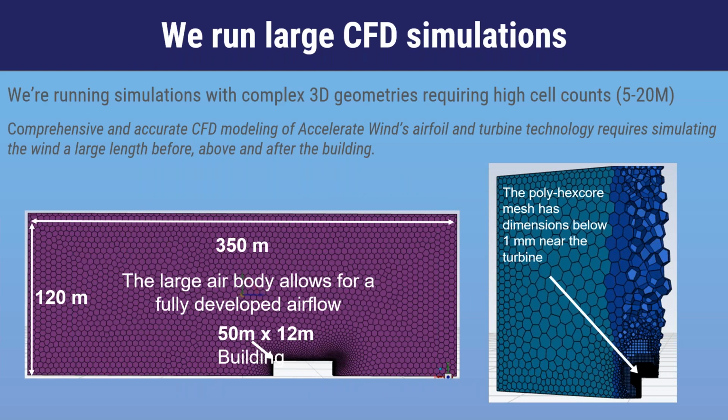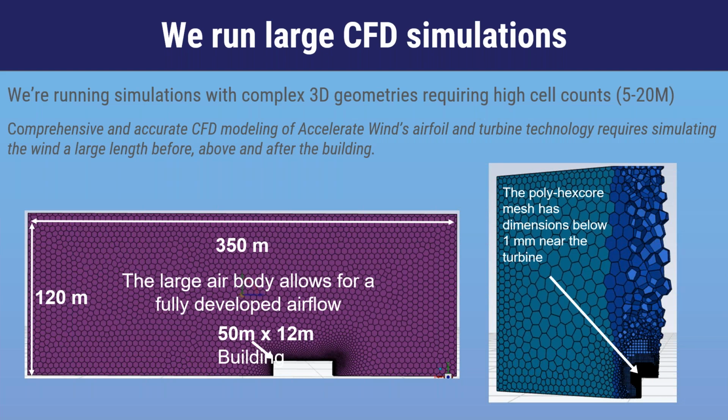One of the big things that has been preventing us from really refining our tech past the core IP is that in order to model all of the different scenarios that we'll see in the real world, we need to run really large CFD simulations. So what you can see here on this image is actually kind of a small simulation for us, where we model a building with a bounding box of about 120 meters by 350 meters, 5 to 20 million cells.